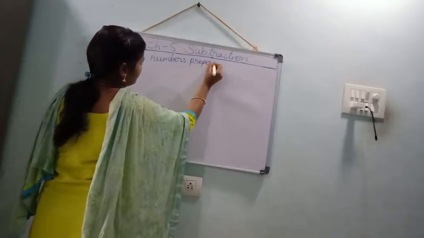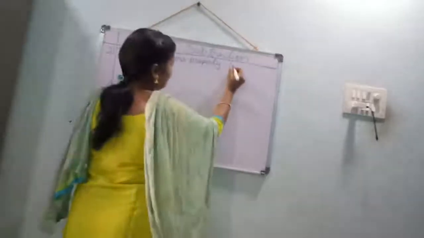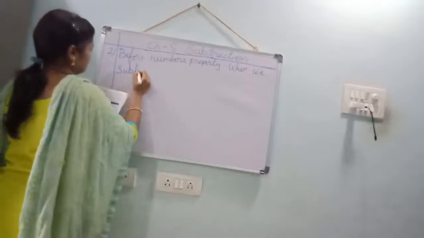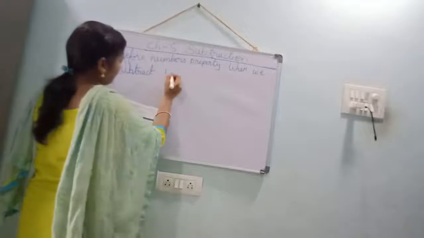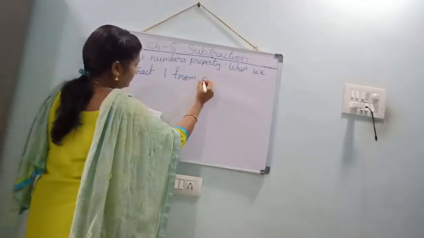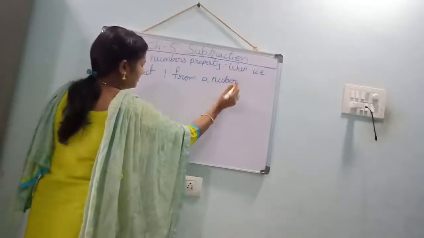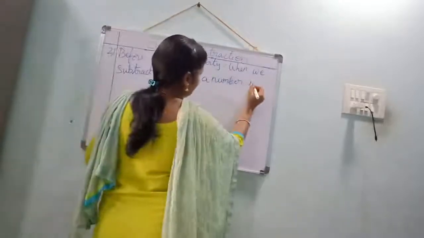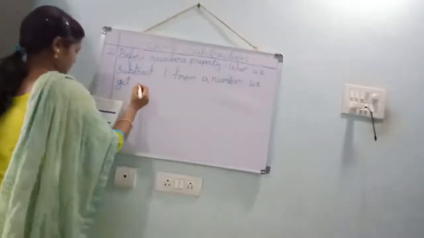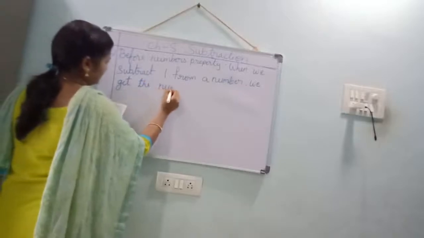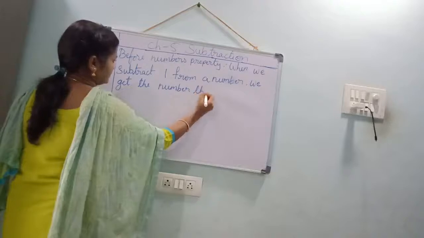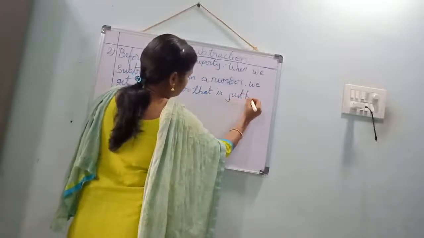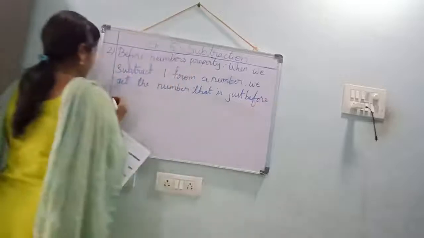When we subtract one from a number, we get the number that is just before it.